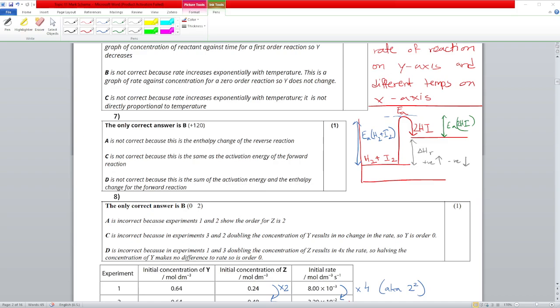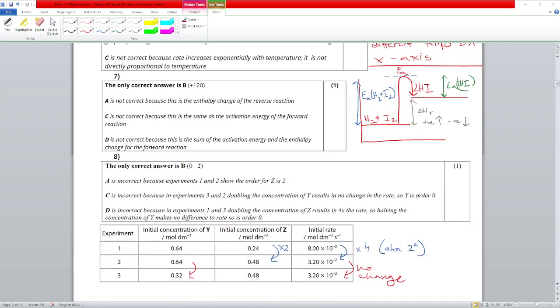Then question 7. I think 7's an interesting question. It may be difficult to visualize the math, so I've drawn this diagram here. What you have here is a reversible reaction, right? And you're told that the reaction's delta H, the gray number here, has a value of plus 53.